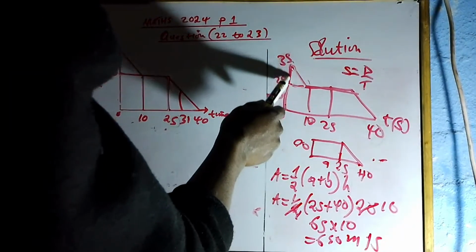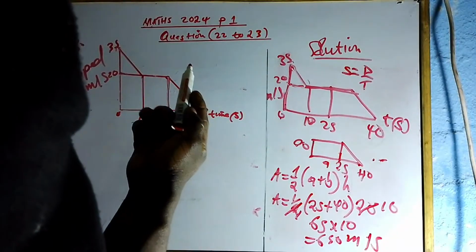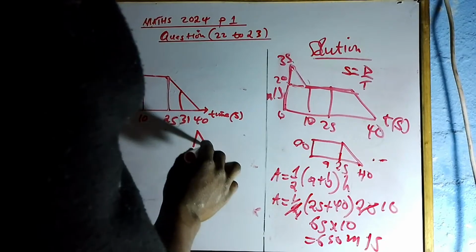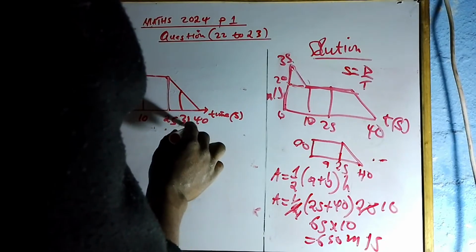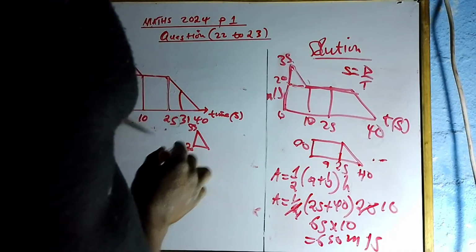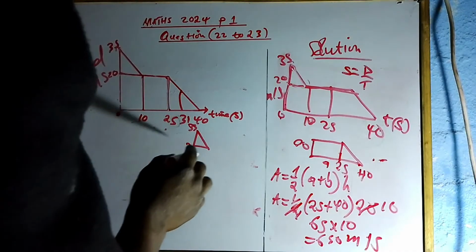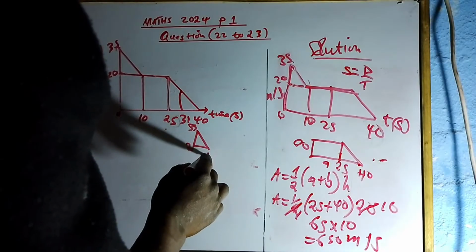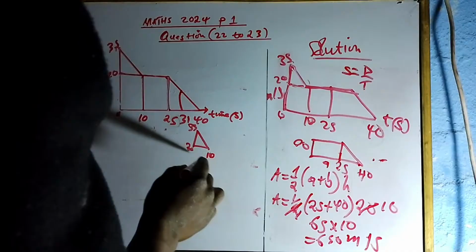Okay, and if you can see, this is a triangle. It is like this. Here we have 35. Here we have 20, and this distance, it is 10 here as a time.